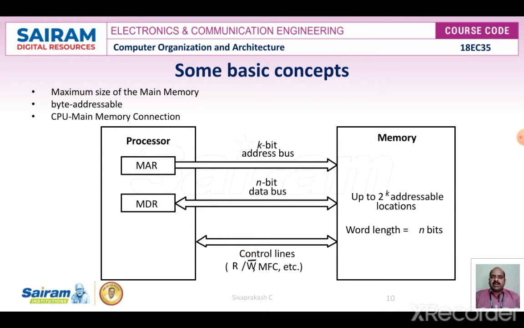Then the memory responds by placing the data from the addressed location onto the data lines and confirms this action by asserting the MFC signal. MFC is the memory function complete signal.